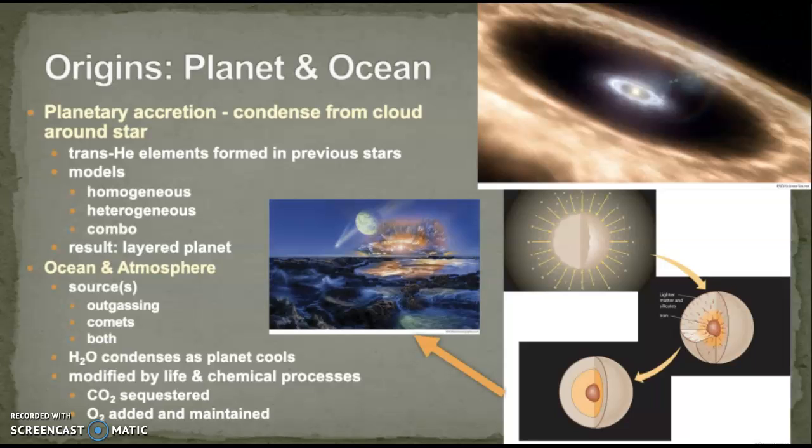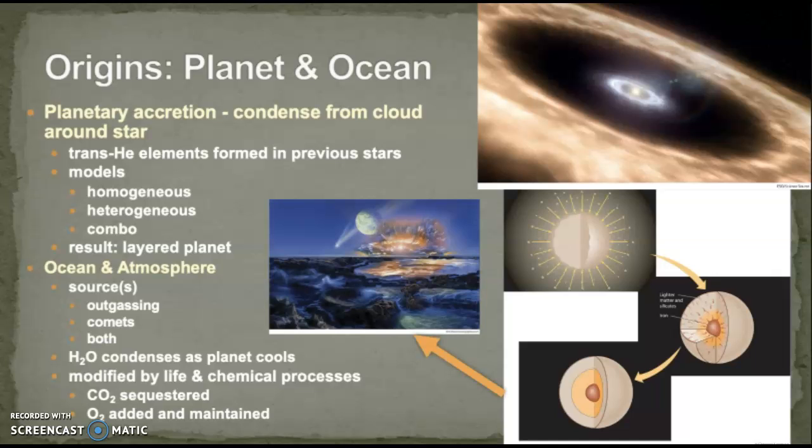And then once you have that liquid ocean along with the atmosphere, it has been modified significantly by life and by chemical processes. Some of the significant changes have been the sequestration of carbon dioxide and some other elements that we'll talk about later on in the semester. One of the notable ones would be early in the ocean's history, there was probably a lot of dissolved iron.